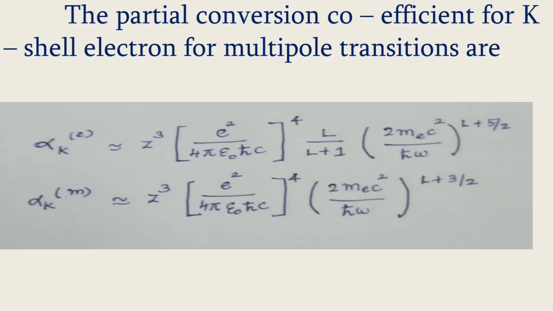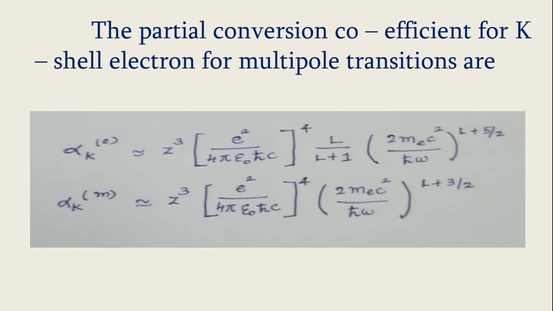And the next equation corresponds to the magnetic multipole transition. Alpha K of M is approximately equal to Z cube, e square by 4 pi epsilon naught h cross c, the whole power 4, into 2 m e c square by h cross omega, the whole power L plus 3 by 2.